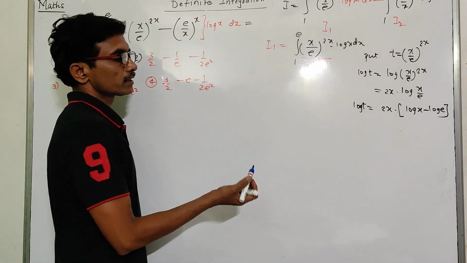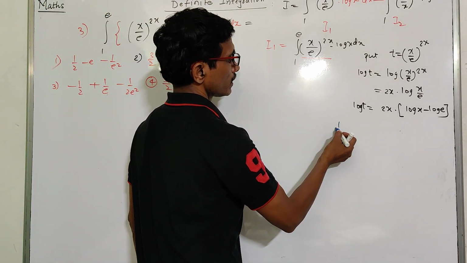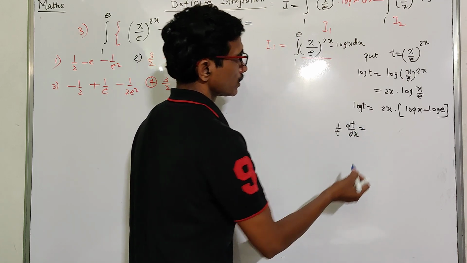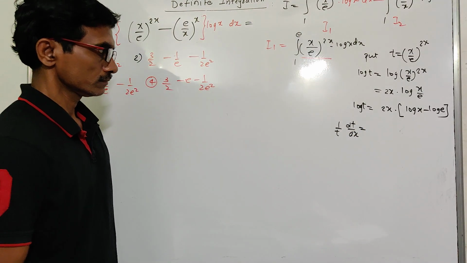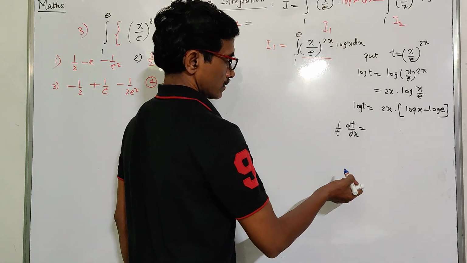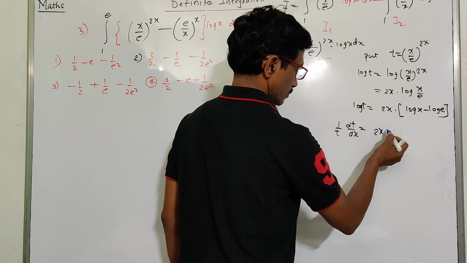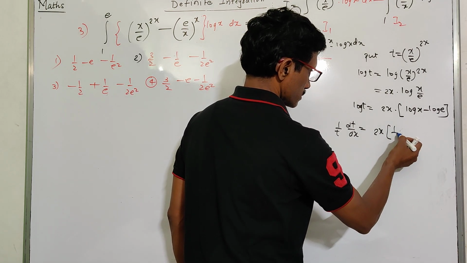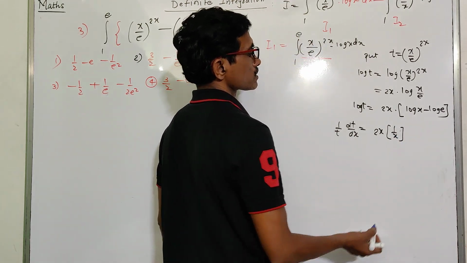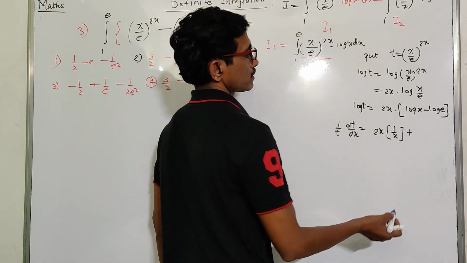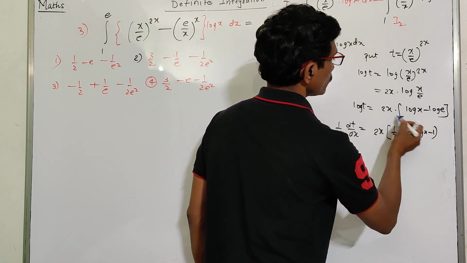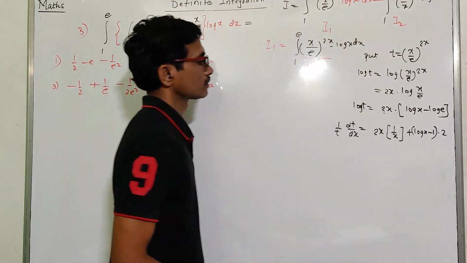So differentiating it with respect to x, 1 by t dt by dx is equal to 2x into derivative of this is 1 by x and this is 0, plus log of x minus 1 into derivative of this is 2.